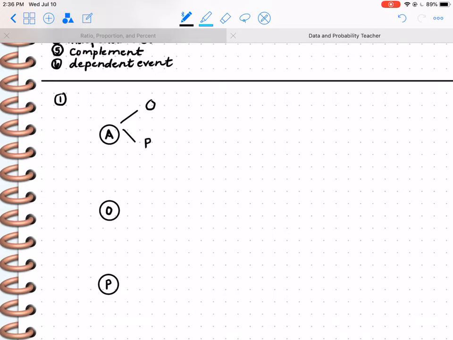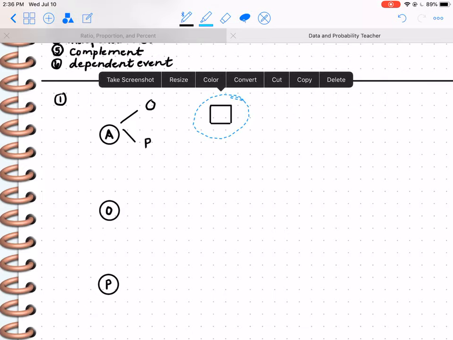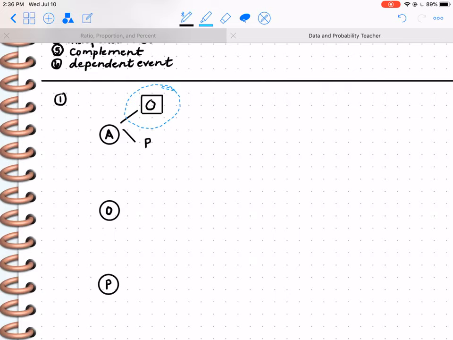And I'm going to put a box around those. So there's second day. Or he could have chosen the pear on the second day. Okay, if the first day was an orange, again, there are going to be two possibilities for the second day.